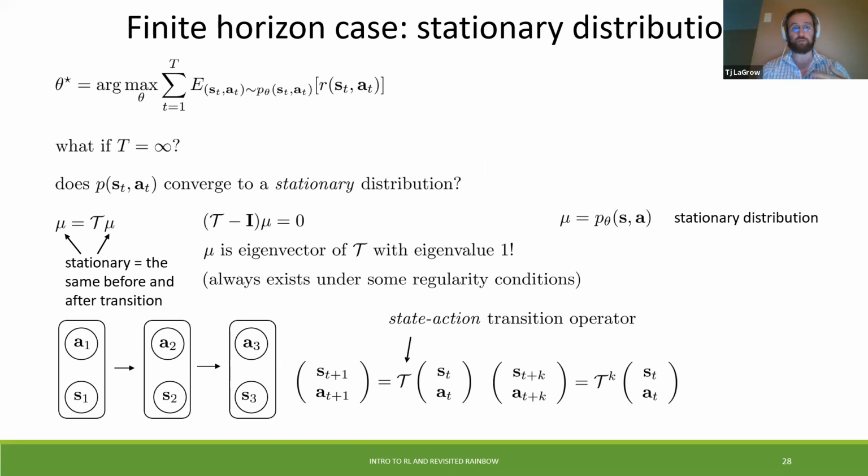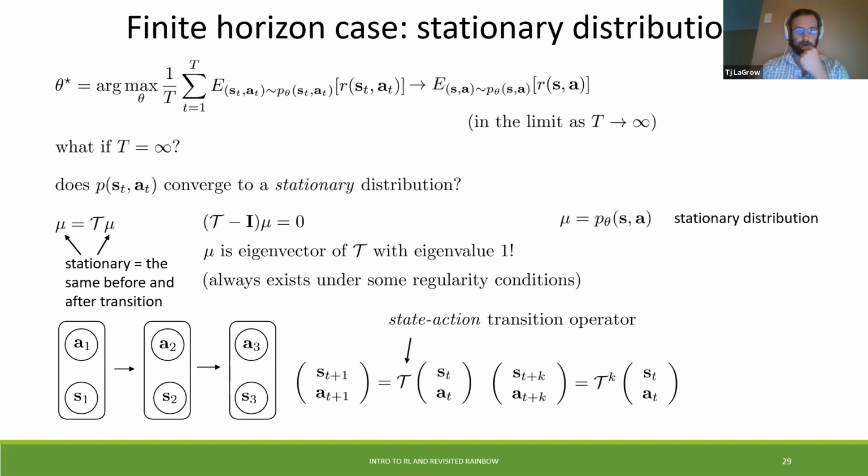Do we actually converge to a stationary distribution of actions that we could take? Here we can take the eigenvector, which is always going to be 1, which exists under the regularity conditions. This basically says we can potentially get to a stationary distribution given some infinite amount of transitions.